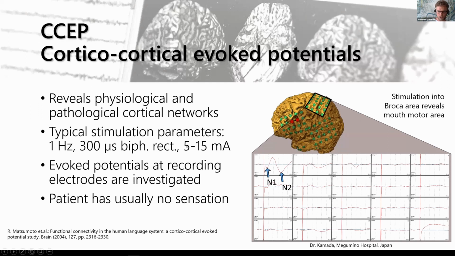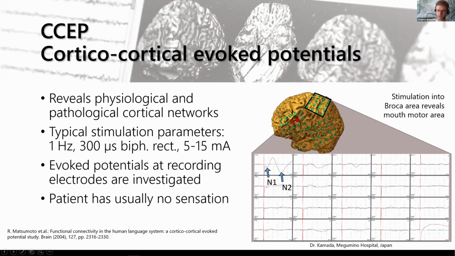And we can record the evoked potentials. Every time we are stimulating, we are recording a little fragment at all the other cortical locations, and we are averaging these curves. And then in the end, we investigate these so-called evoked potentials. And here you can see that in the motor area, this grid is placed on the motor area, we can see a very pronounced CSEP, cortical evoked potential, at the mouth motor area.